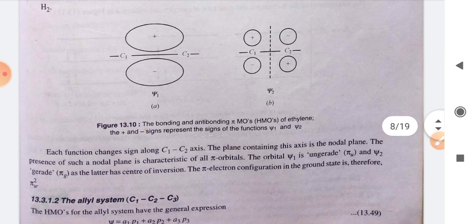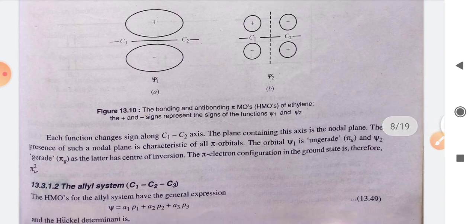So this is the first system, the ethylene system. In this system we first found the Huckel determinant, then obtained the wave equations using matrix multiplication.